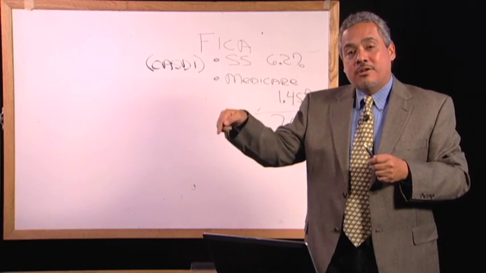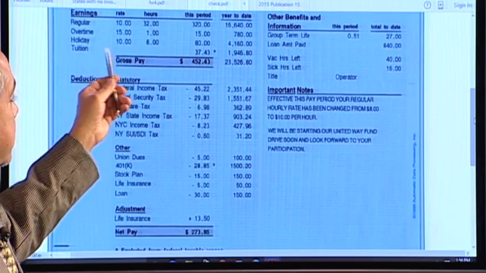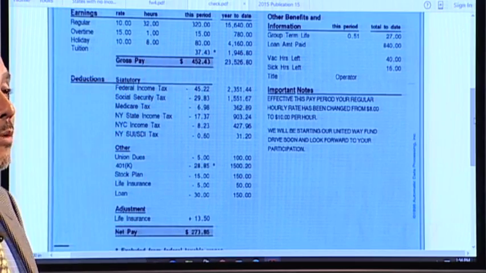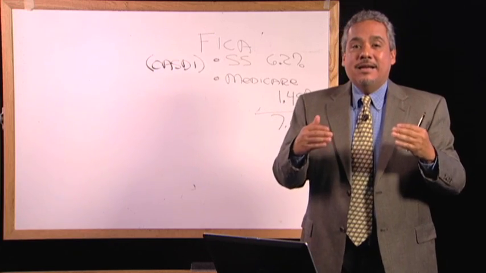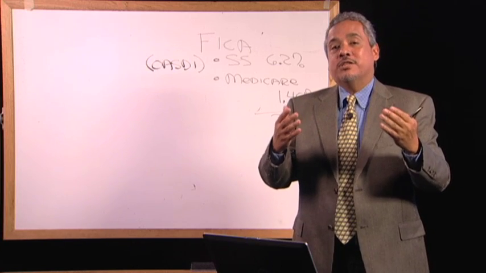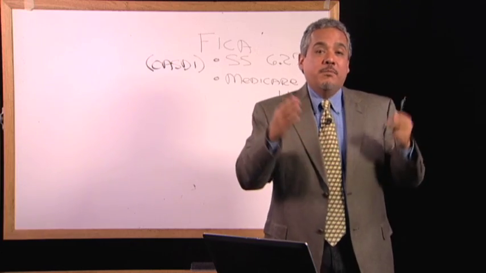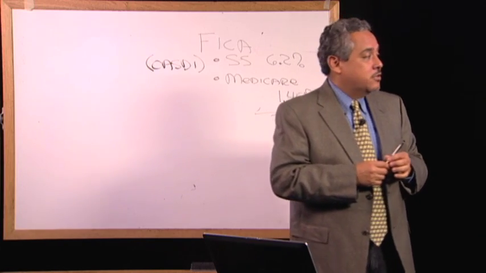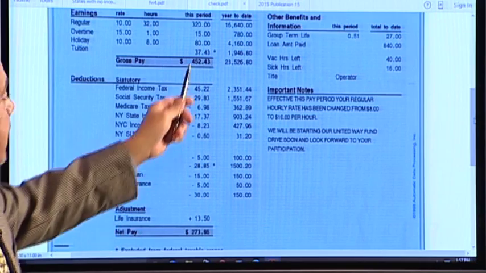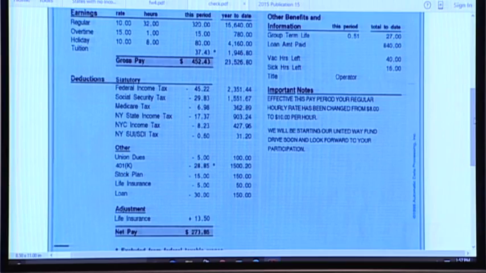I will be taxed on it later when I take out that money. And for tuition, some employers pay tuition reimbursement. That is not taxable for federal income tax purposes. So if your employer pays for some of your education, they would include that in there, but you don't pay any federal income tax on that. And as you can see, that is an addition to gross pay, not a deduction.